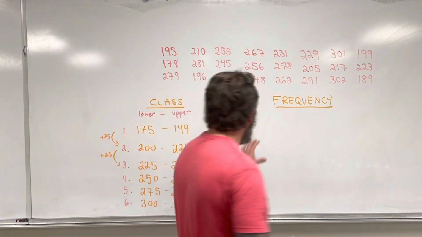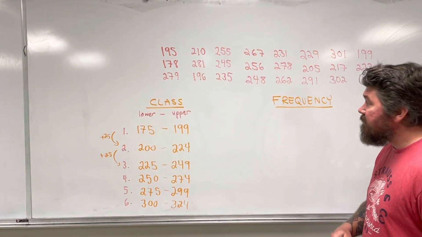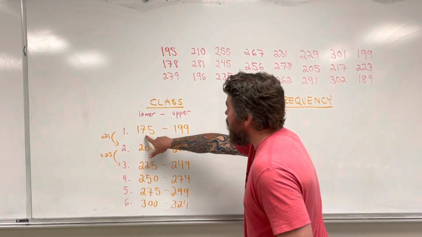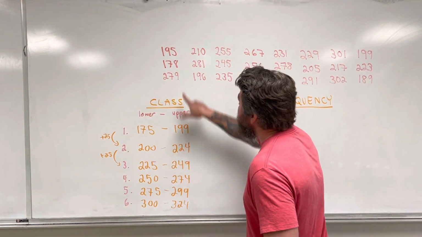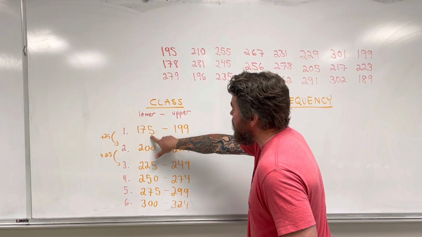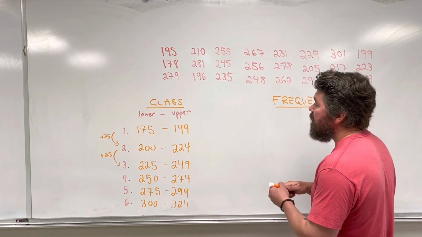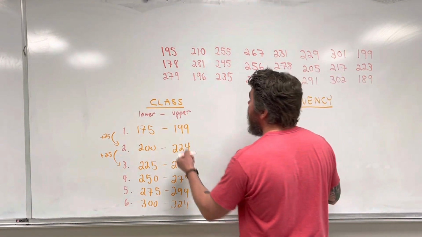Now we need to create our frequencies for each class. So I'm going to look at every data value that's 175 all the way to 199, and I'm going to cross it out.